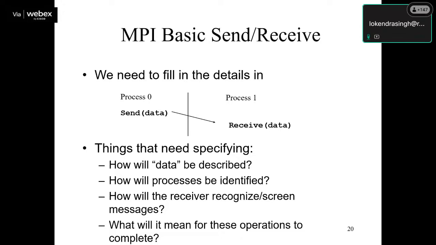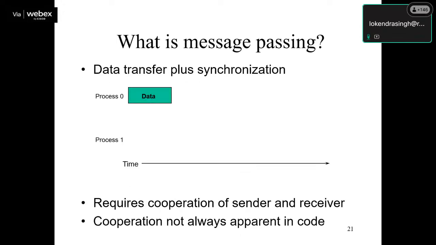Process 1 finishes its work and then sends the data to process 2, and so on. So the main thing is how you describe the data and how processes identify each other. It's totally compiler based. There is no human interference required.